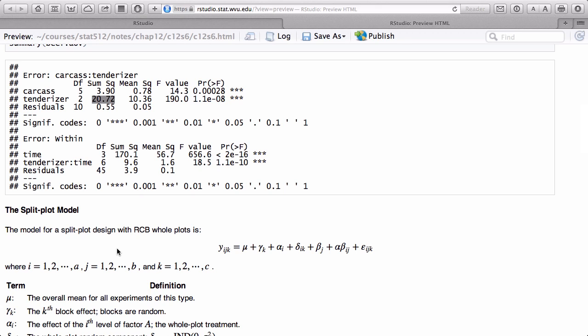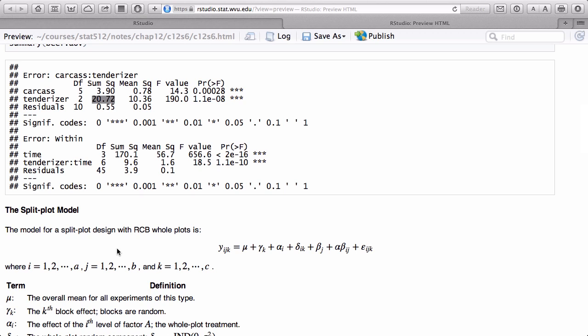What we did is we have orthogonal contrasts. We took tenderizer and broke it into 2 pieces, each with 1 degree of freedom. 1 plus 1 equals 2. We broke that treatment, tenderizer, into 2 single degree of freedoms, and they're orthogonal, so they add up to the sum of squares for the tenderizer. So I'm just breaking it out.